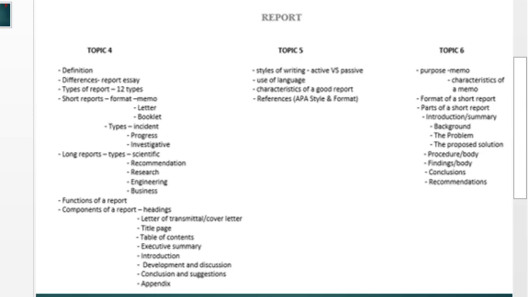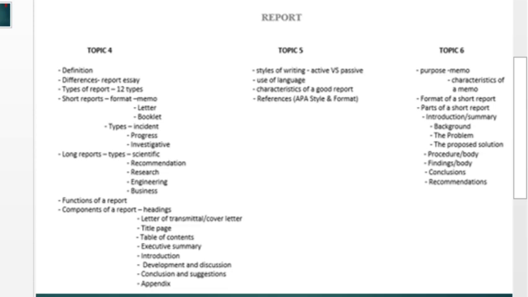Okay, and I don't think there would be very tricky questions, but it requires you to remember, and it requires you to show how much you have understood some parts of these three main chapters, which is on report, right?